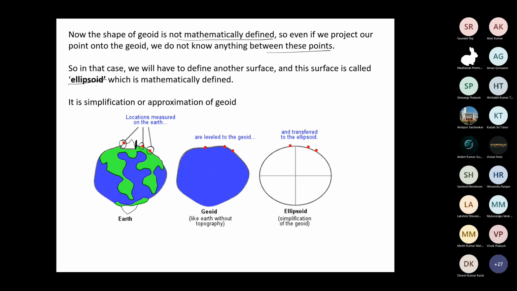Sometimes you see in documentaries that the shape of the Earth is an ellipsoid. Why do we say that? Because it is mathematically defined. So what is the benefit if I define the Earth as an ellipsoid? Then what is our benefit?